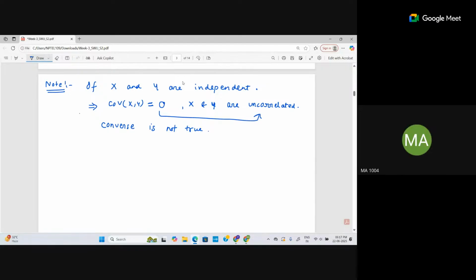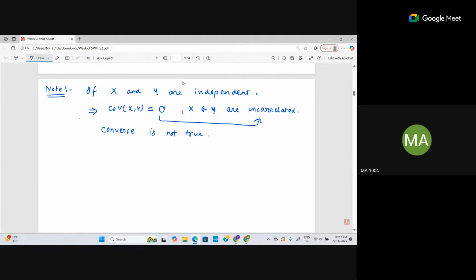One minute. See, the thing is, you're asking that expectation of xy is equal to expectation of x into expectation of y if they are independent, right? Yes, ma'am. So the thing is, if they are independent, then the covariance between x and y will become 0.